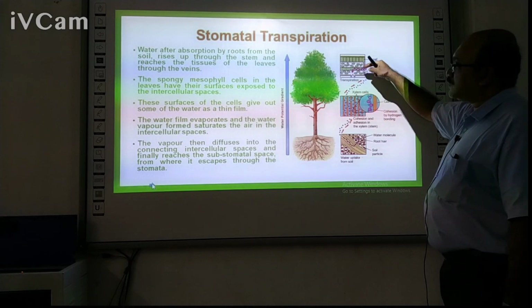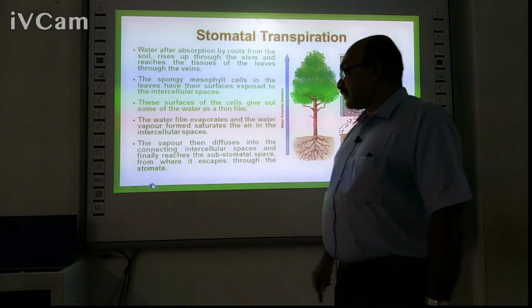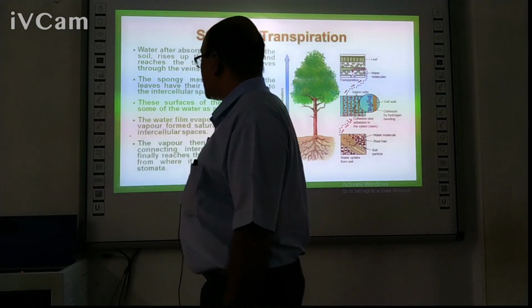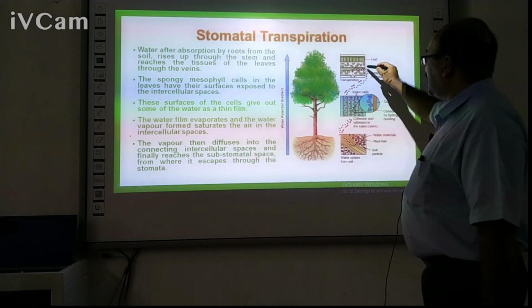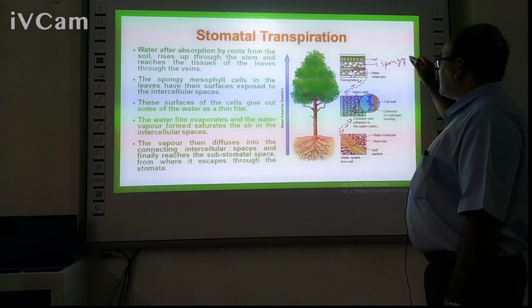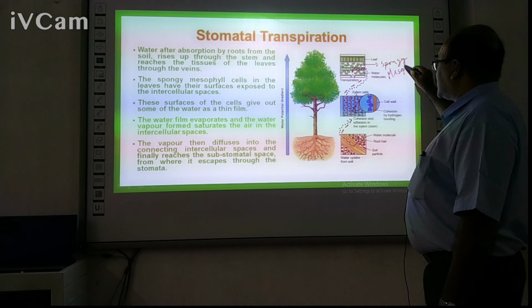There are some loose masses of parenchyma cells which make up the spongy parenchyma. So, this loose mass of cells, these are the spongy parenchyma cells, or we call it spongy mesophyll tissue.